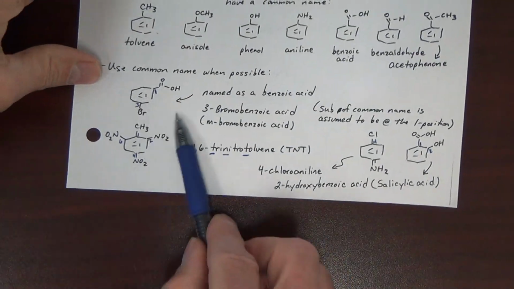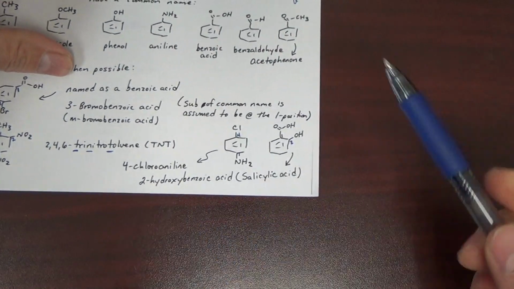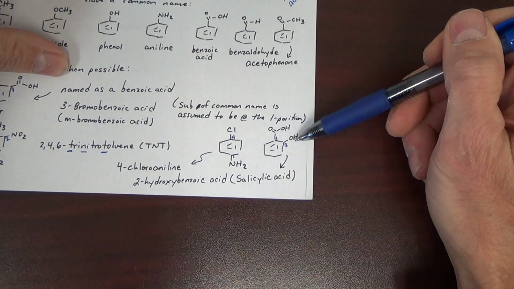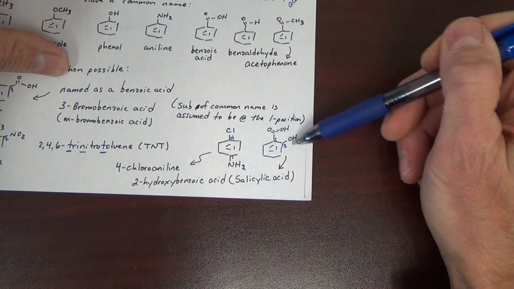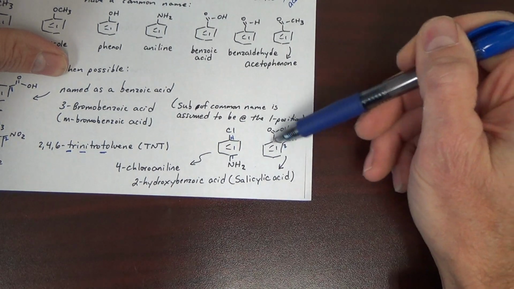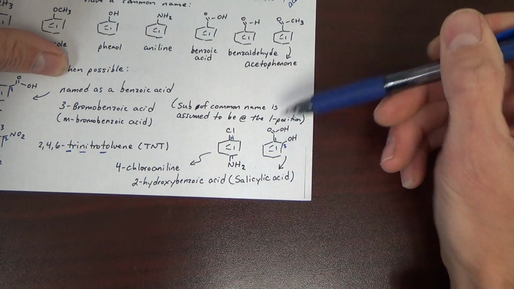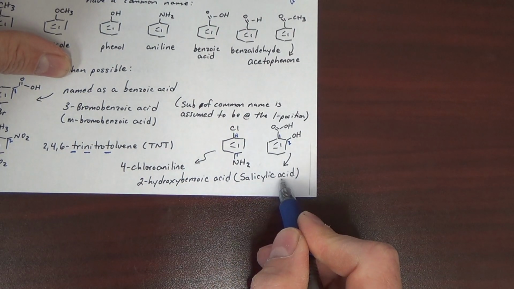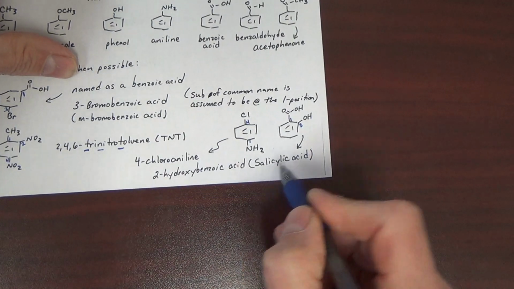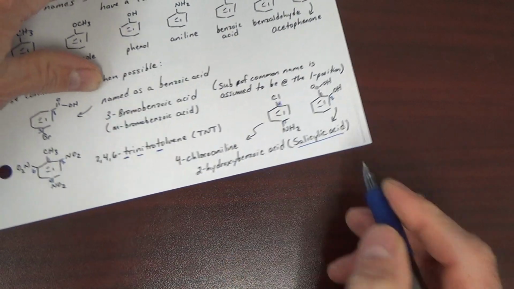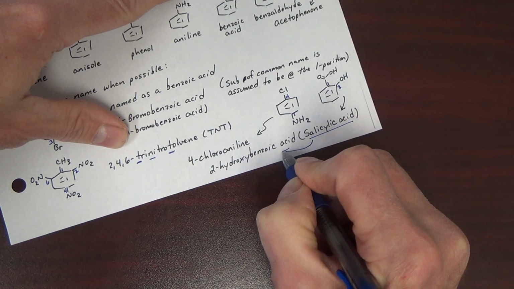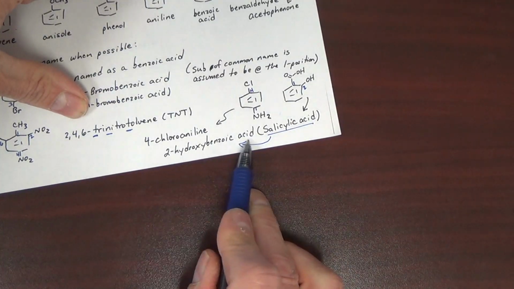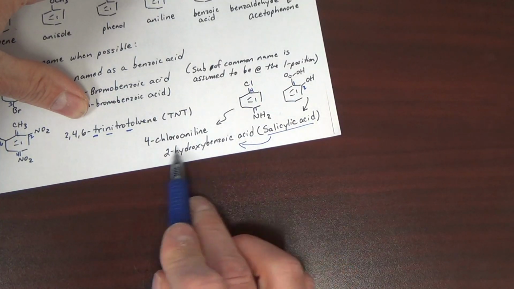If you can find a common name, use that, like we did. You do not have to be able to choose which common name here. I'm not going to ask you to do that. I just showed you that because salicylic acid itself, a common name, is very common. And I wanted to show you how salicylic acid does have an alternative name which should be pretty straightforward.